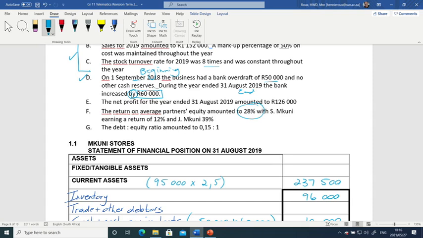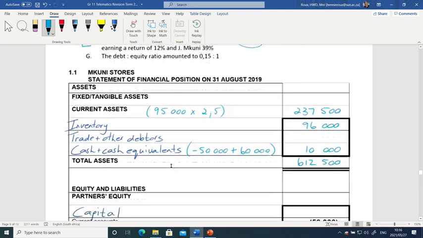But we are looking at the business. So those 2 actually go together, E and F, because if you know your ratios, you will know that the return equals net profit divided by owner's equity. And we want to calculate the owner's equity because they gave us the net profit.